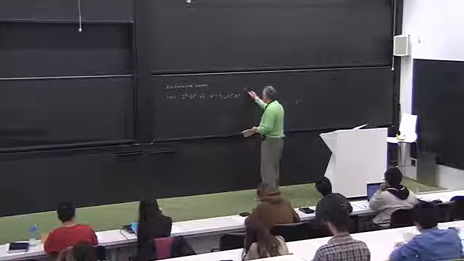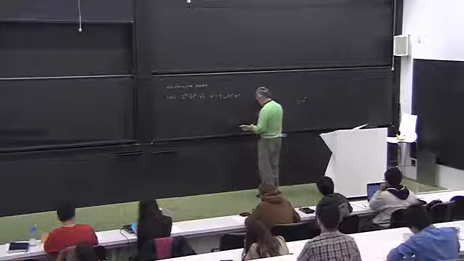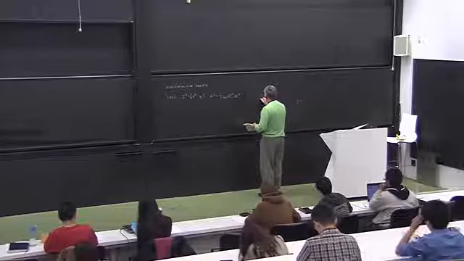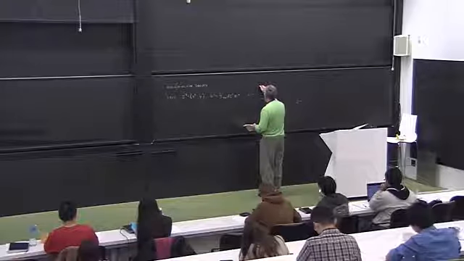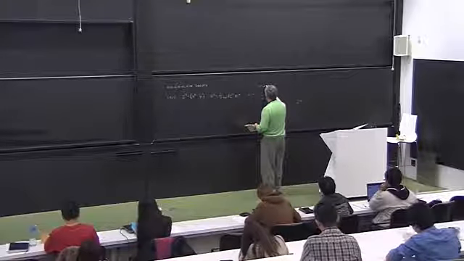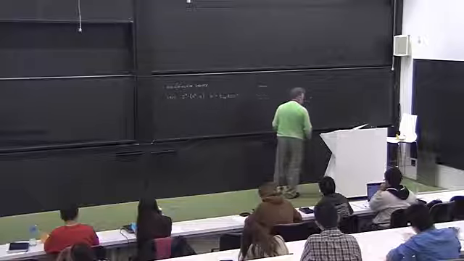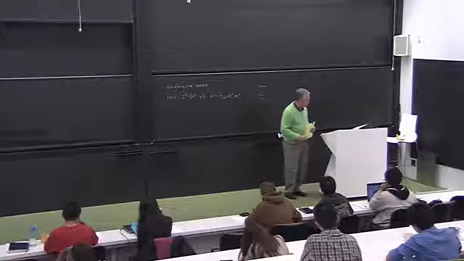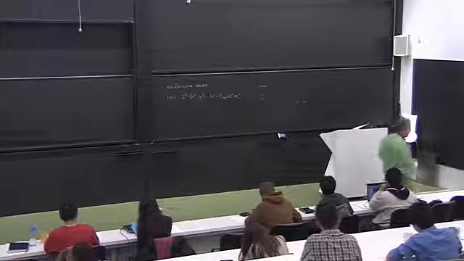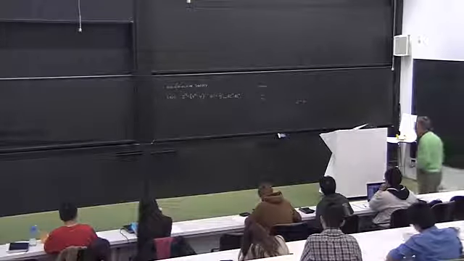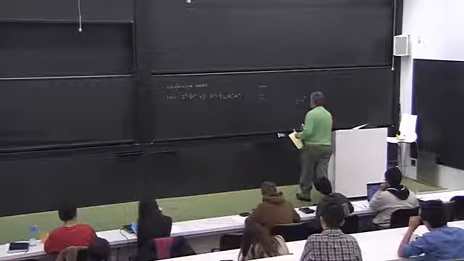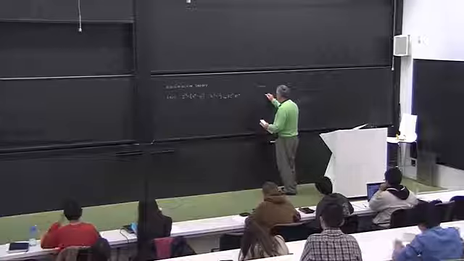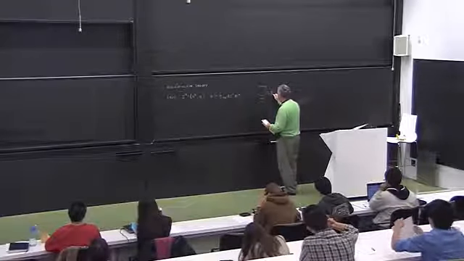And he said, let's take Einstein's Lagrangian, which I'm going to write with a convention where kappa squared is 8 pi G. So the Einstein Lagrangian is this.